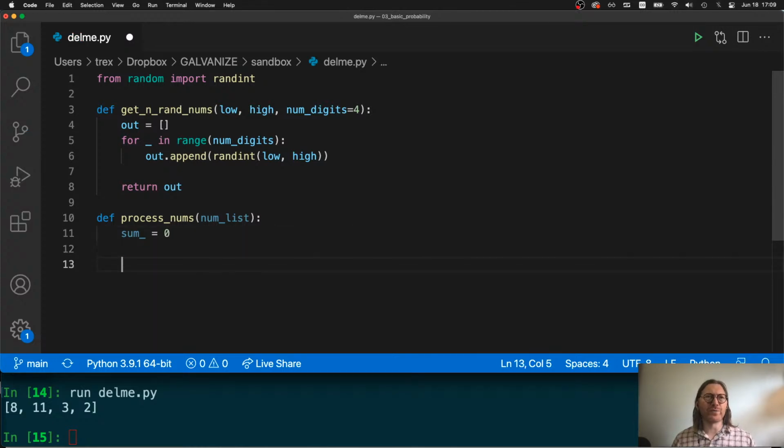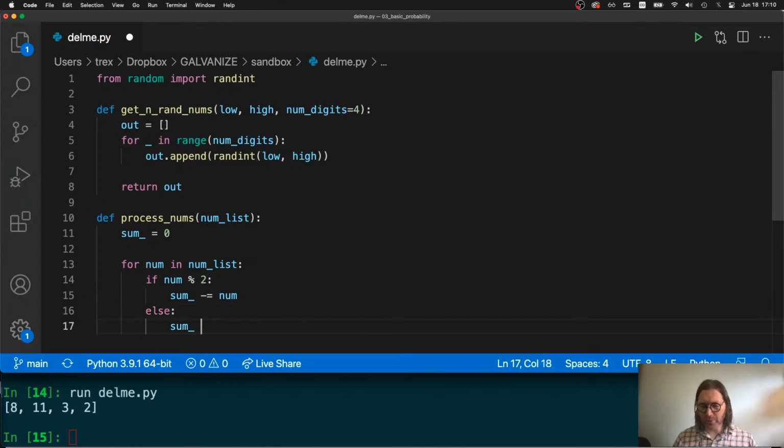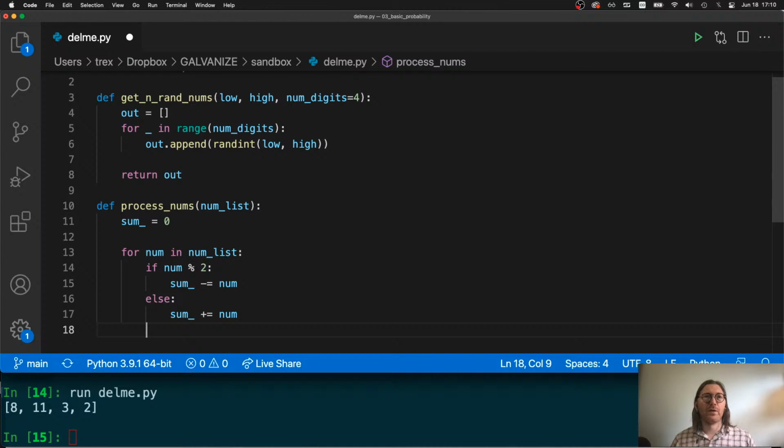Any odd numbers, it's going to subtract. So for num in num list, if num mod 2 evaluates to true, then that means it's odd, so the sum is going to be reduced by the number. Otherwise, the sum is going to be incremented by the number. And we can return the sum.